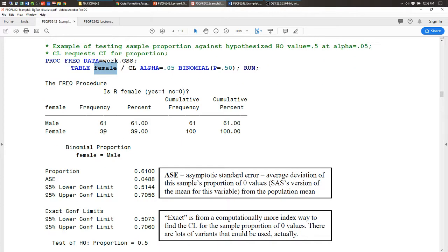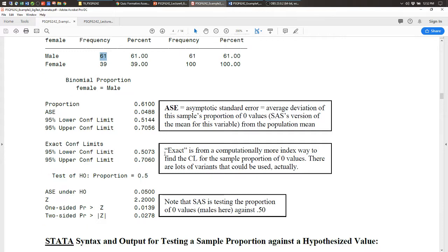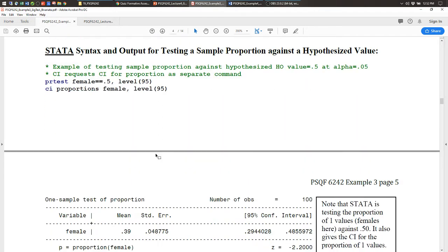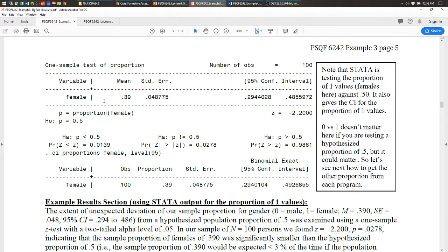So it's focusing on this 61%, and you can see that by repeating the proportion it's testing, and it gives you a confidence interval around it. The default behavior for Stata is exactly the opposite. It focuses on the 0.39, the 1, and gives you a confidence interval and a significance test around that.